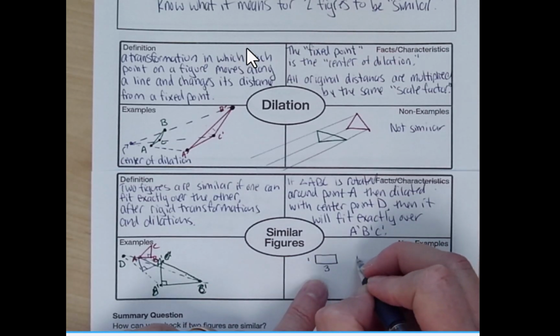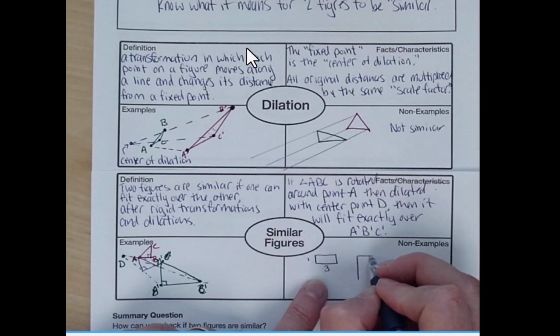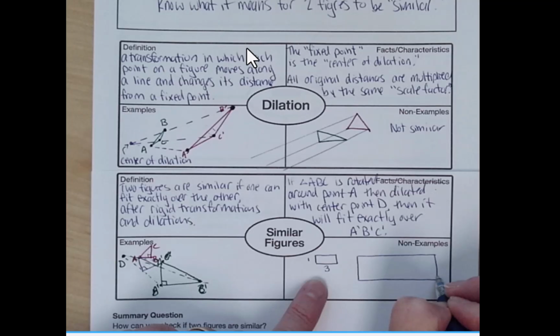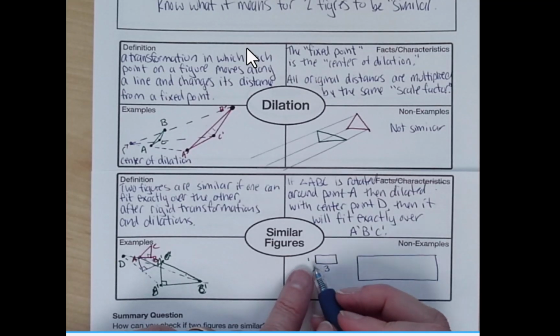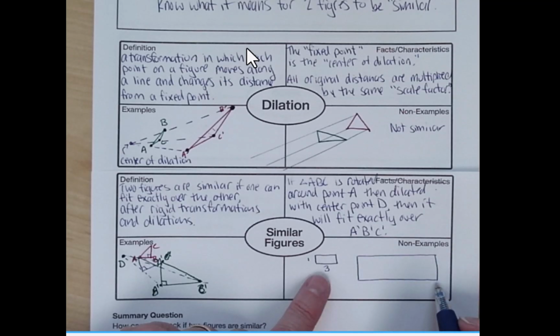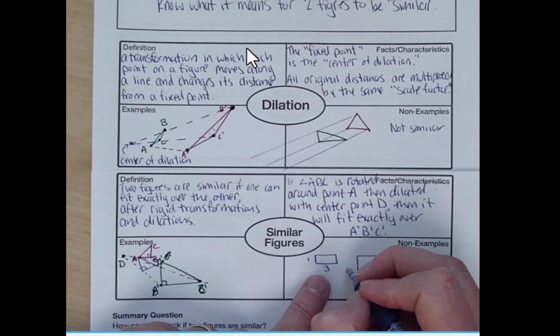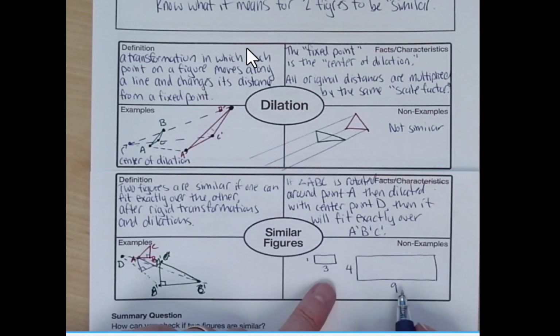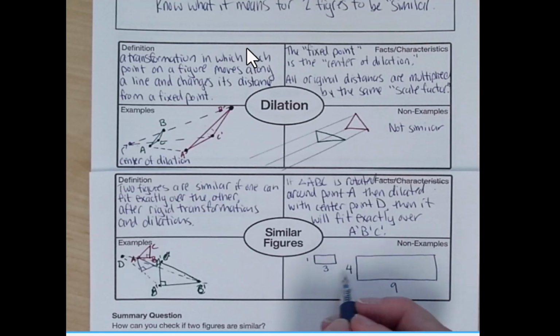If I wanted a similar figure, I would need a scale factor to connect these two. If it were an example, let's say I multiplied this number by 4 and got 4, and multiplied this number by 4 and got 12. Something that was 4 by 12 would be an example. But something that was 4 by 9, there's no common scale factor between the short sides and the long sides.